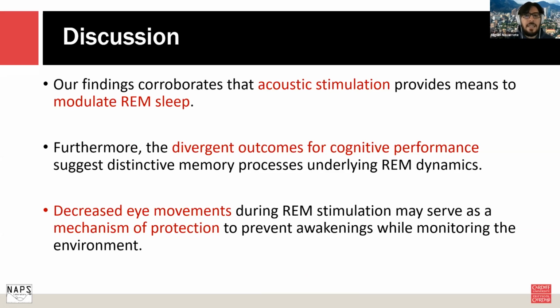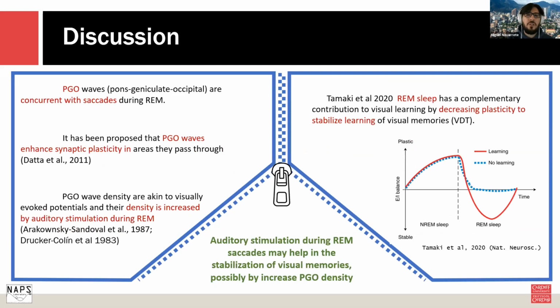Basically, we have an increase in one of the tasks, the visual discrimination task, and a decrease in the mirror tracing task. We also believe that the decrease of eye movement could serve as a protection mechanism to prevent awakenings, but this is still very speculative. We need more experiments to test this. And finally, we want to know what's happening with the VDT.